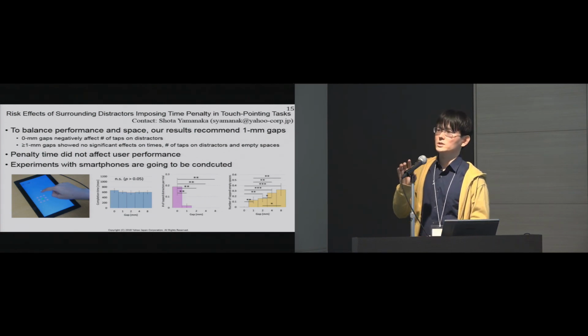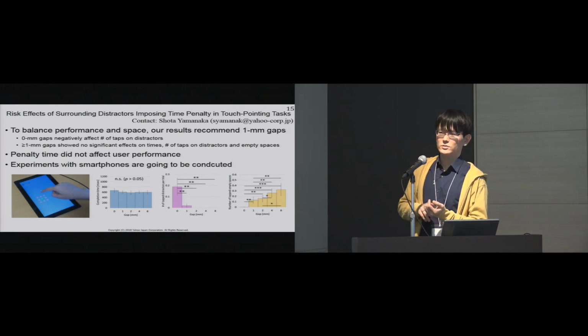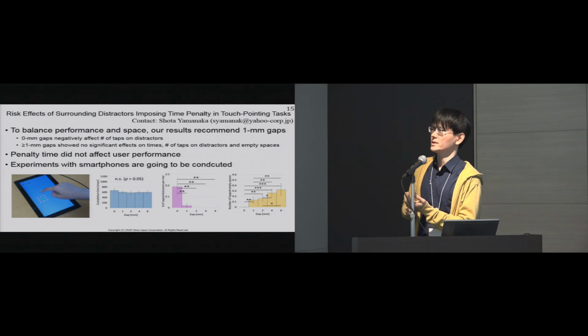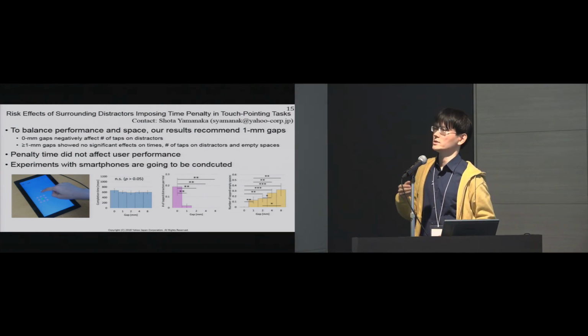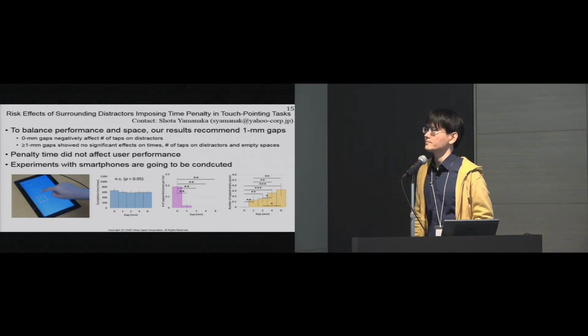And if participants tap the distractors twice and then tap the target, if the penalty time condition was 4 seconds, in total 8 seconds were added after the tapping the target. Okay, and when you analyze the effect of penalty time, you grouped based on how long they had to wait, or what? Yes, okay. Yes.